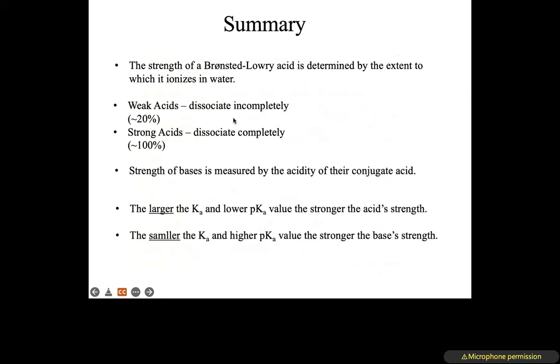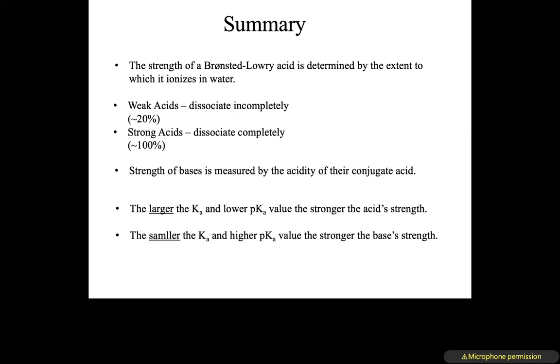In summary, the strength of a Bronsted-Lowry acid is determined by the extent to which it ionizes in water. We showed how the more ions we produce, which means it dissociates completely, the stronger the acid, and when it dissociates incompletely, we call it a weak acid. The strength of bases is measured by the acidity of their conjugate acid.